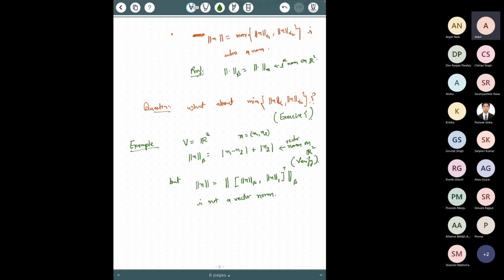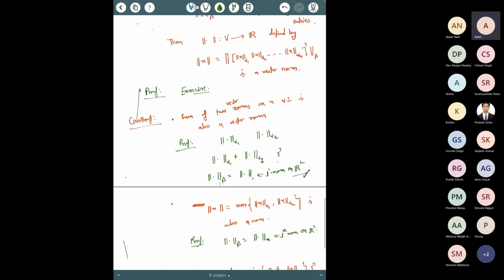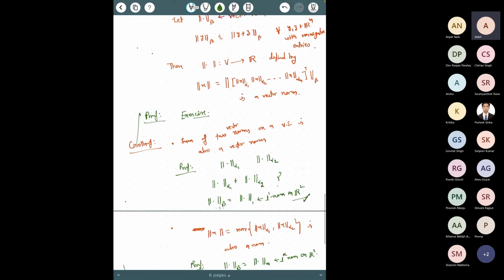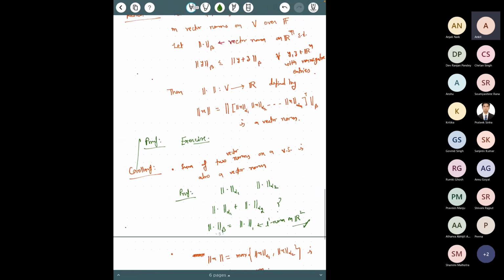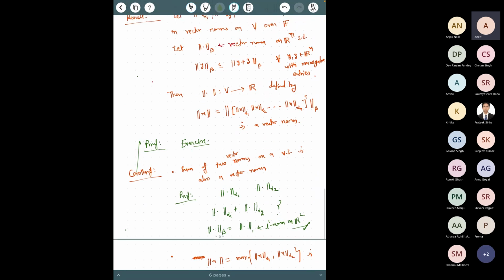So what I'm saying here, I'll give you a justification why this is not a vector norm. Although I have given you examples of norms like these Lp norms, which satisfy this monotonicity, there are examples of norms that do not satisfy this monotonicity. And if this is not true, then whatever the conclusion of this result is, that need not be true.